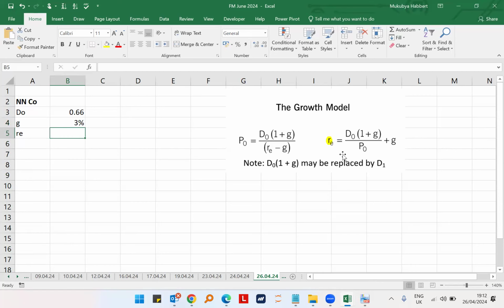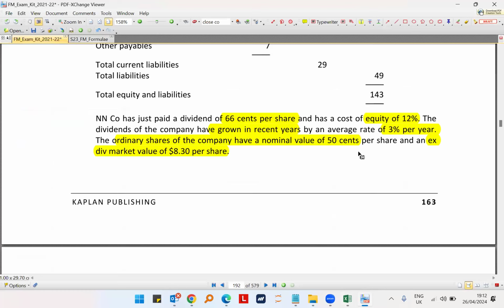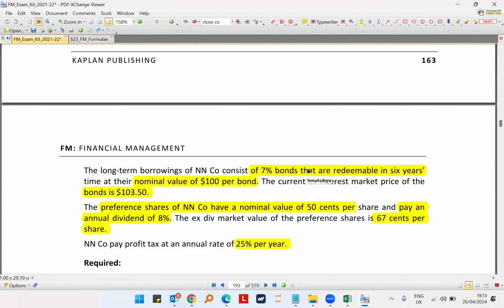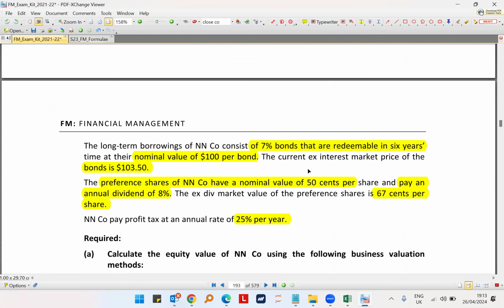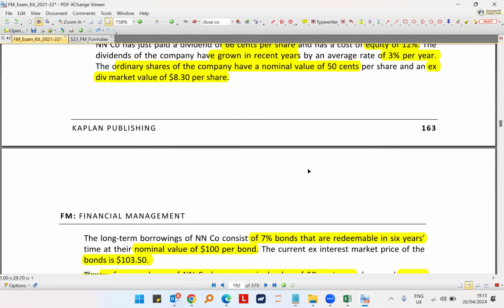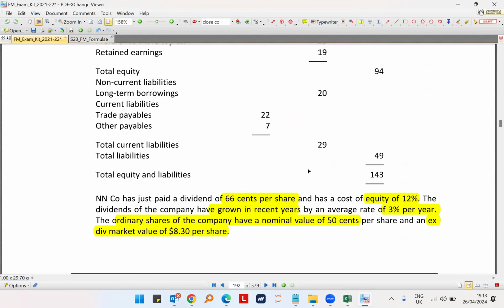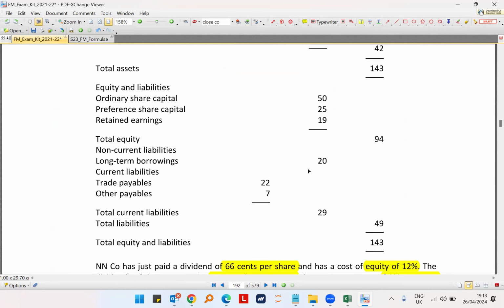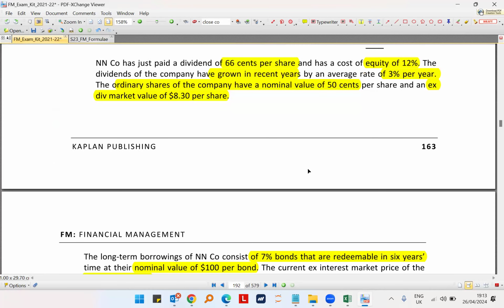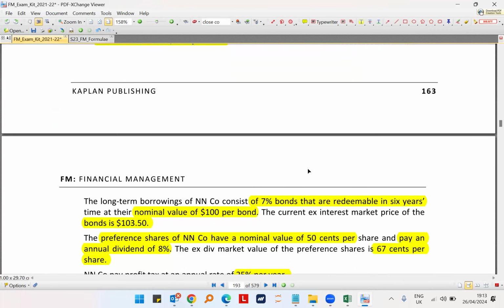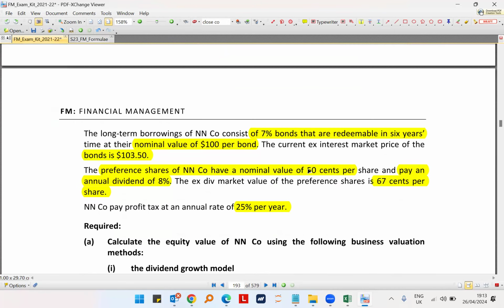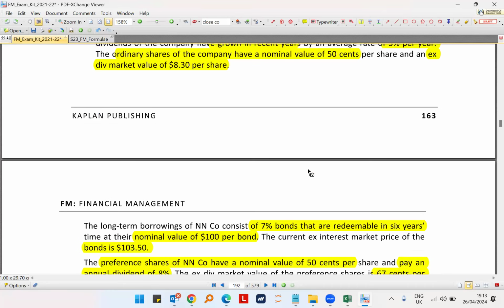Then the cost of equity, did they give us the cost of equity? We don't have the cost of equity. So let's see what we can do to determine it.